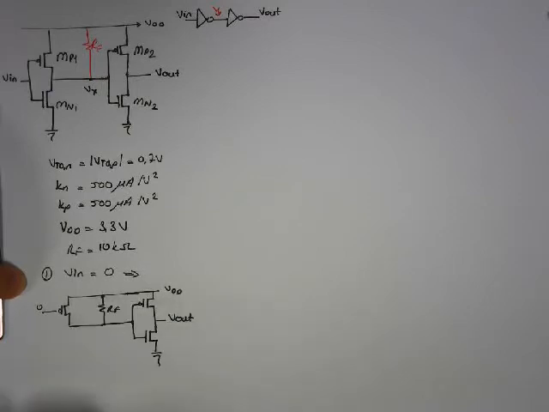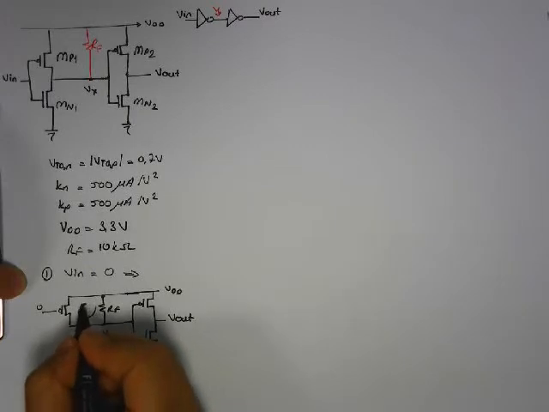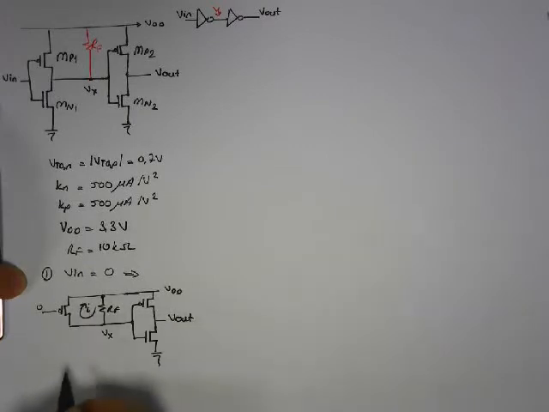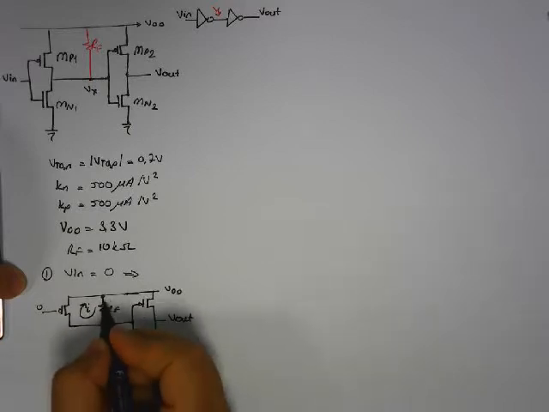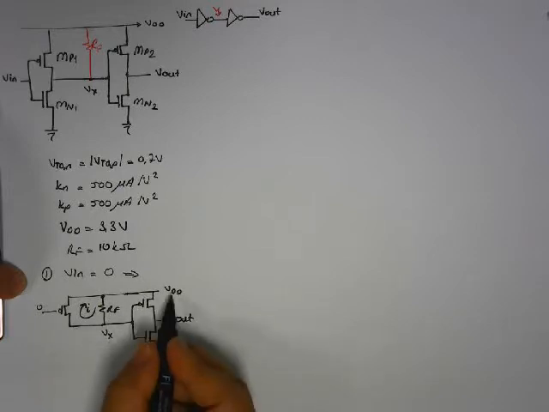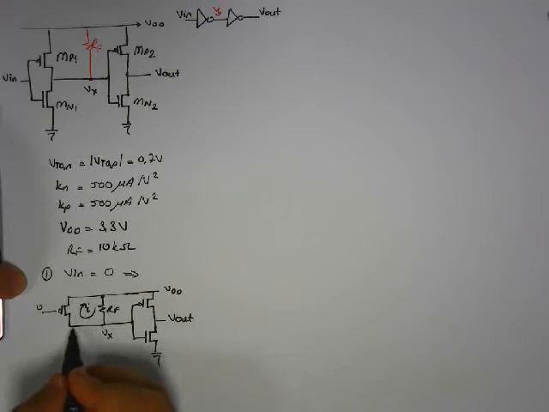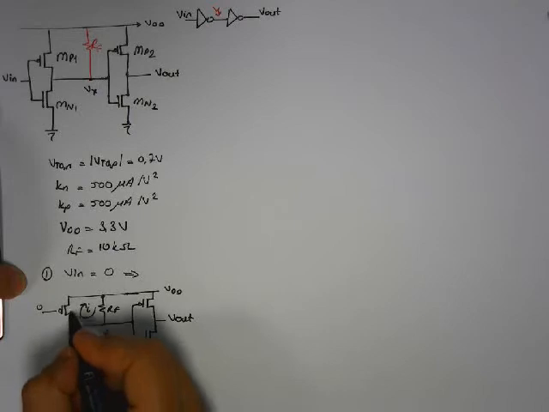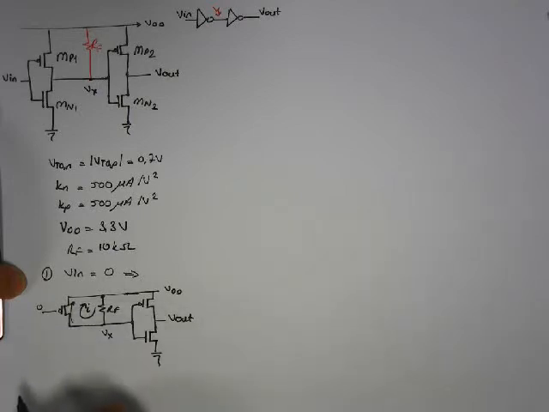In this case, this point's voltage is VDD and here Vx, and in this loop current is 0. Why? Because if there's a current here on RF, it means Vx is smaller than VDD. In that case, there is no current in this direction in this NMOS. So this loop current here is 0.